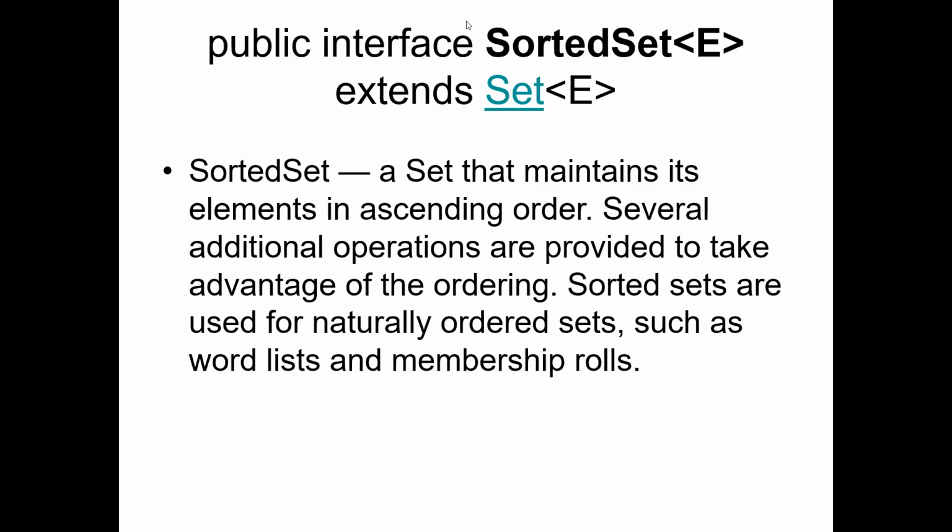Therefore, in the add method, when we want to add an element into the collection, it will return false if the duplicate element is already present. And Set is a generic interface, which means we can create a set of any type of object.